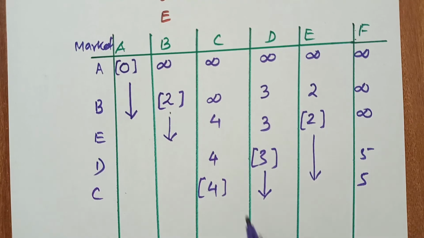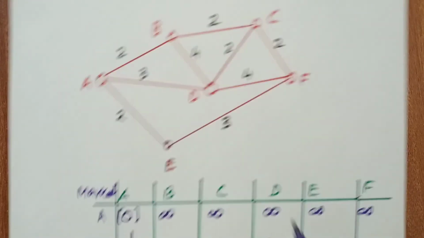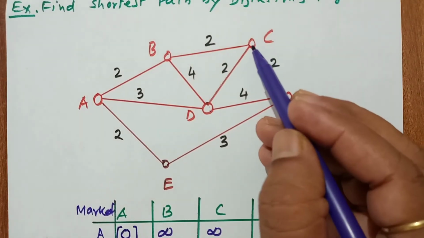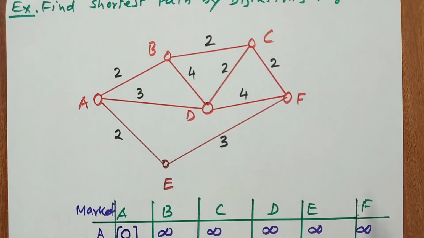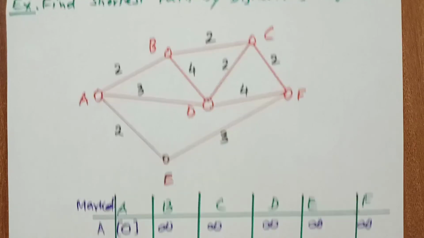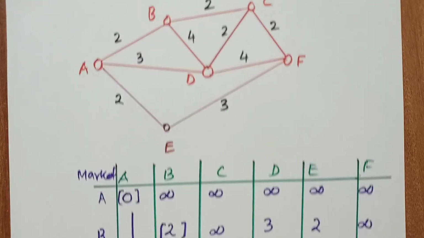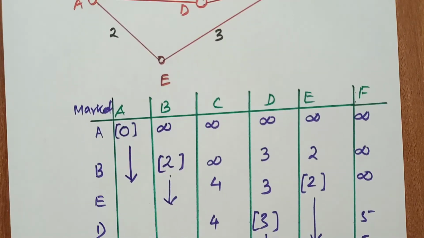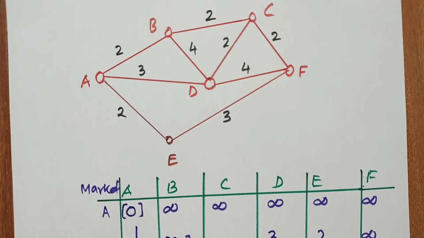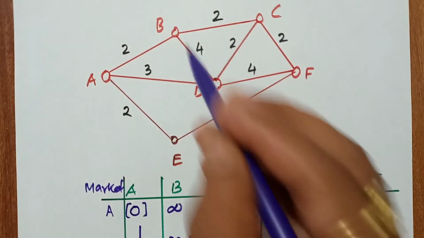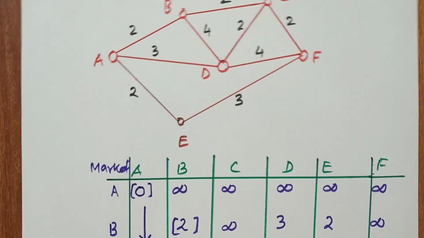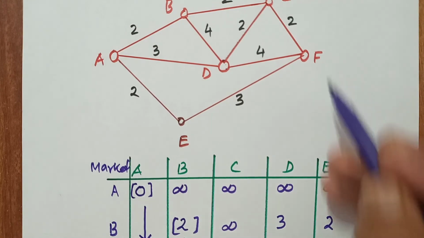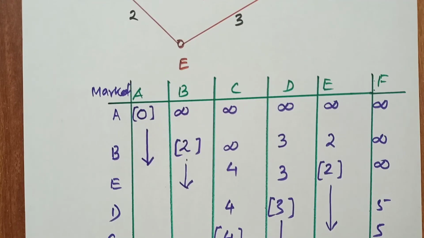Now we see vertex C. How many vertices are directly connected to C? Here B, D and F. Since B is marked, and D is also marked, there is no need to touch B and D. Only we will see F. How do we calculate? The old value of F is 5.